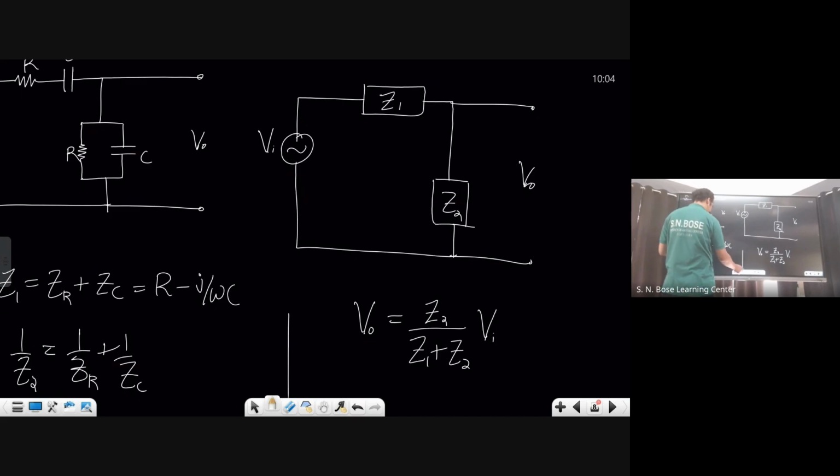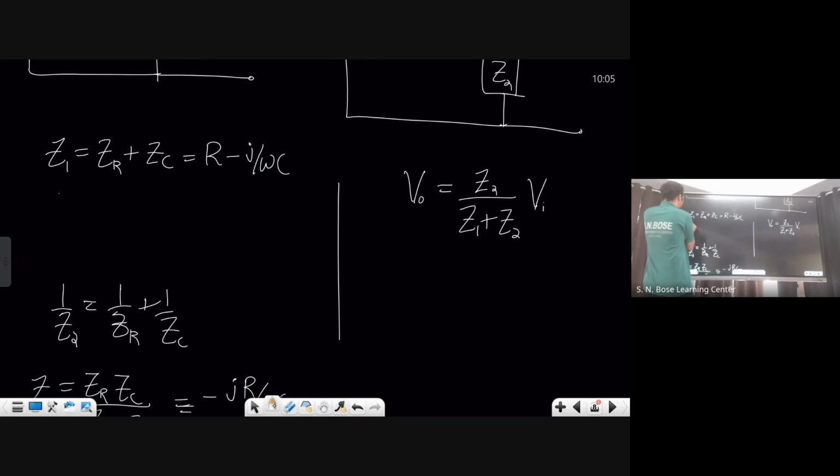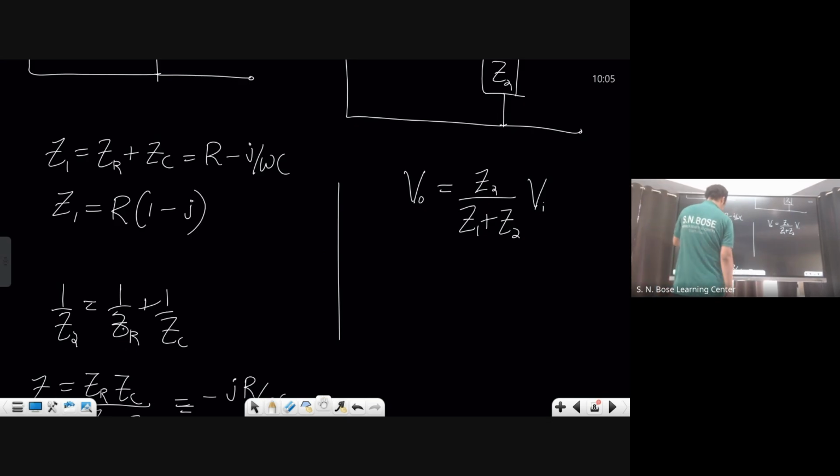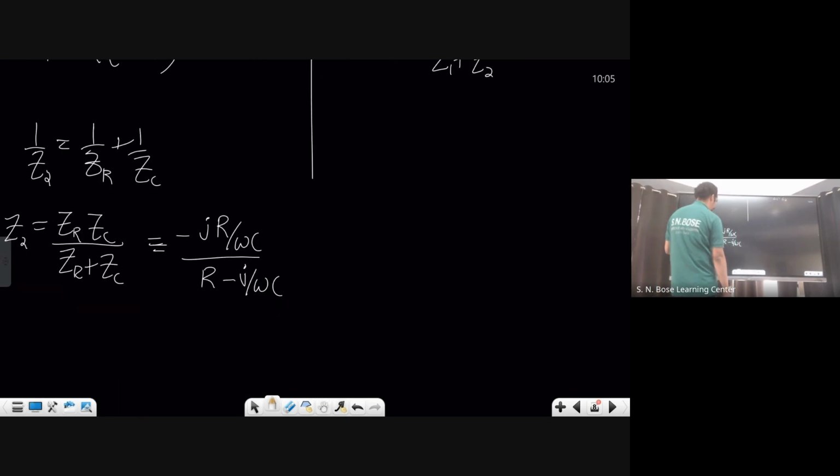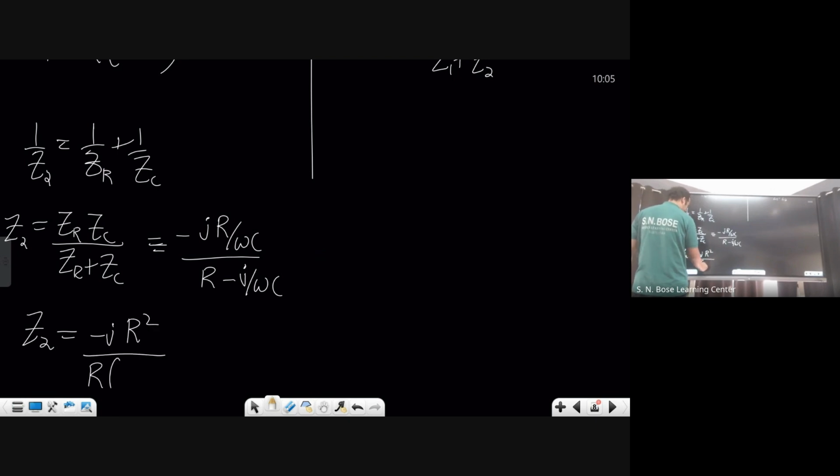Okay, fine. So that's why Z1, 1 by omega C is R, into 1 minus J. Am I right? So here 1 by omega C is R. Okay, Z2 is minus J R square divided by R into 1 minus J.